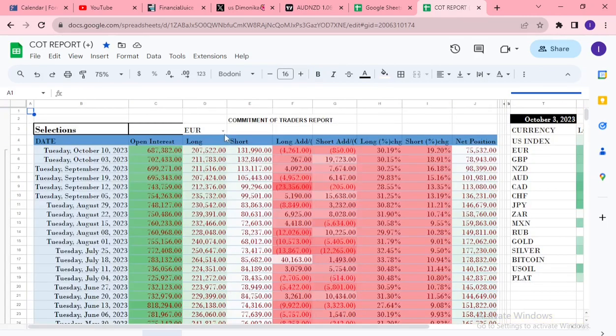The big banks, the JP Morgans, and the other big institutions.